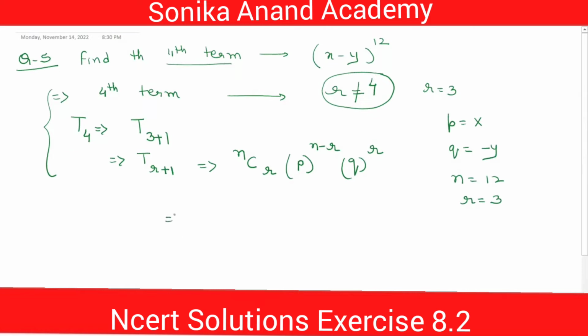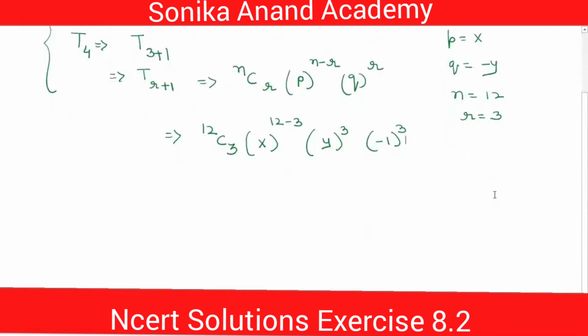Now I'm putting all the values. 12C3 x to the power 12 minus 3, then y to the power 3, minus 1 to the power 3. After that you will write 12C3 x to the power 9 y to the power 3 minus 1 to the power 3. This is an odd number, so we have minus 1.